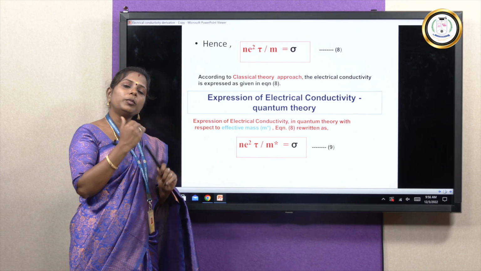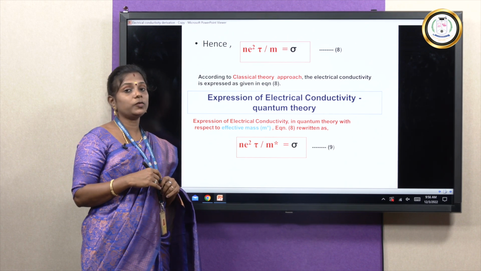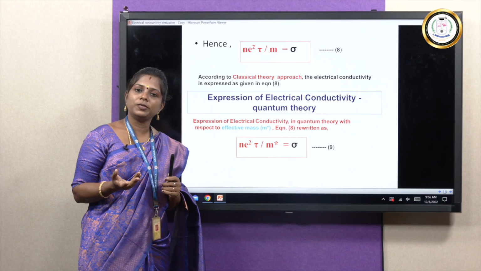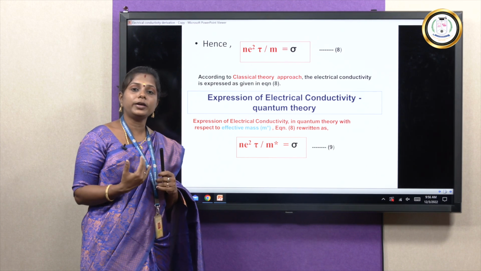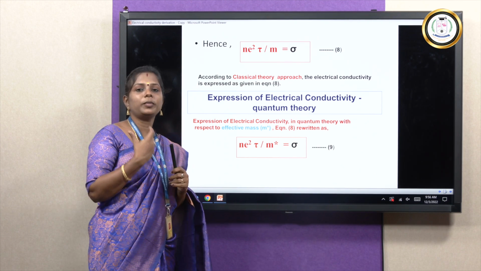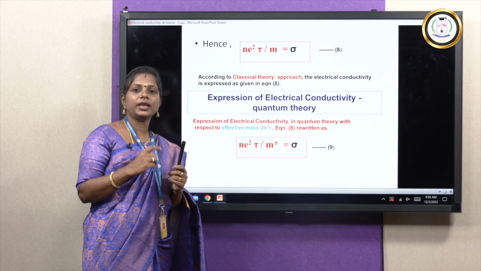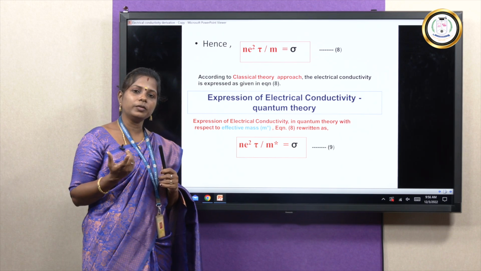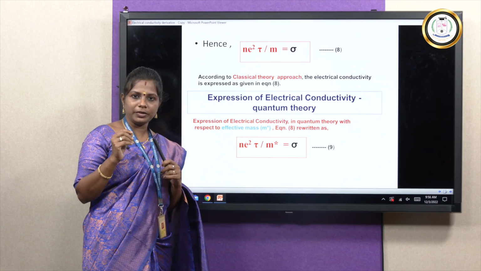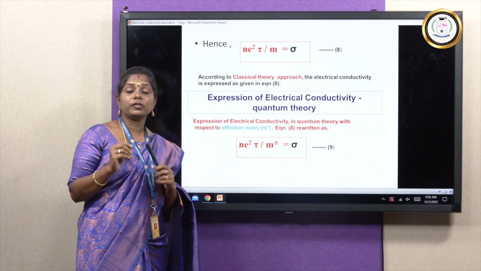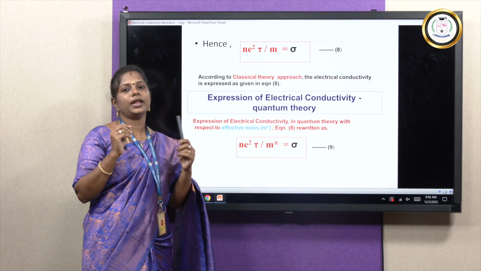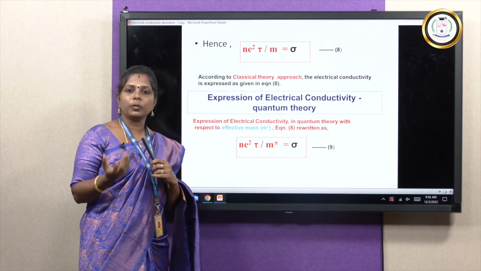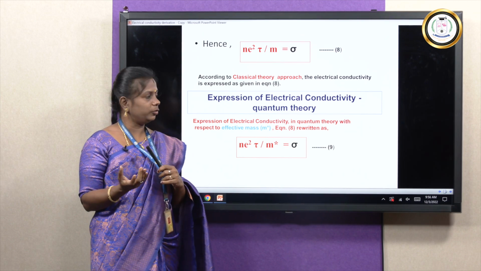Now, how can we modify the same equation by using the quantum approach? As we are already aware, in the quantum approach, instead of the normal mass of an electron, they consider the effective mass of an electron. What is the effective mass of an electron? It is the change in mass of an electron when the electron is subjected to an applied electric field, any collision, or any external force.